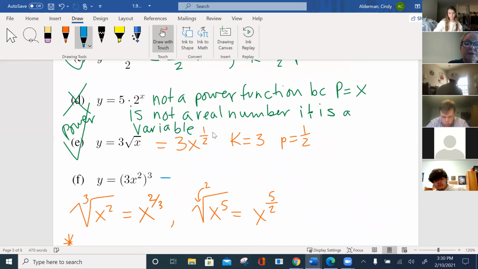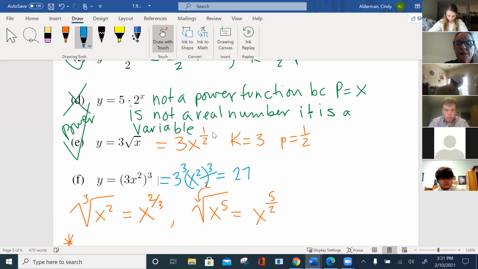Okay, so what you have to do with that outside exponent of 3 is apply it to everything on the inside, right? So you've got 3 cubed and x squared cubed. So that would be 27, and then you're going to multiply these two, x to the 6th power.